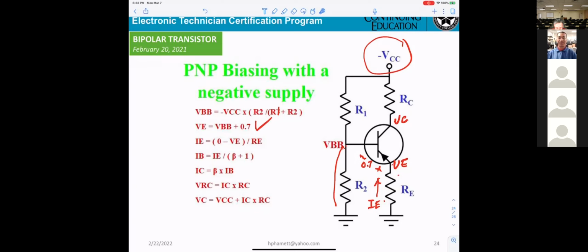So basically, I don't think you need the 0 minus. The current here will be VE divided by RE. However, the current flows this way, so that's why we put a 0 here, and you know you don't have any negative current.